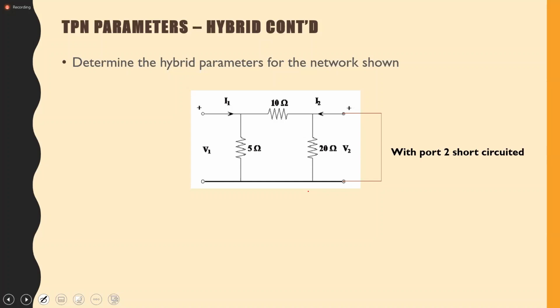And the first parameter we want to find is H11. Based on the definition we had just now, H11 is equal to V1 over I1, with V2 being equal to 0. Now, if I'm looking into the V1 port, or into the input port, I'm looking at the relationship between V1 and I1, with just the impedance looking in.